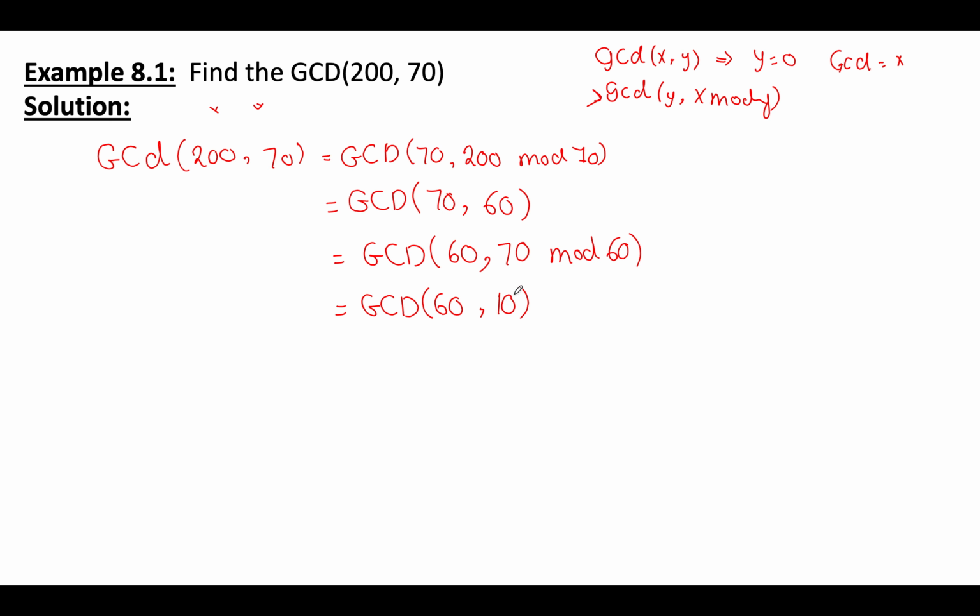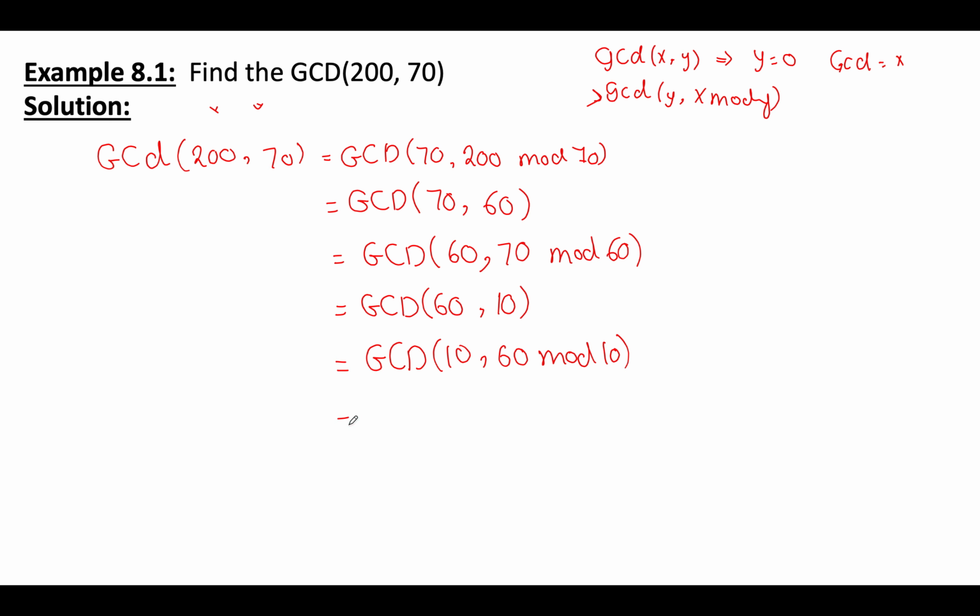Did I reach y equal to 0? No, then until now I didn't find the GCD. So we'll keep doing this, finding the remainder. So here we got GCD of 10 and 60 mod 10.